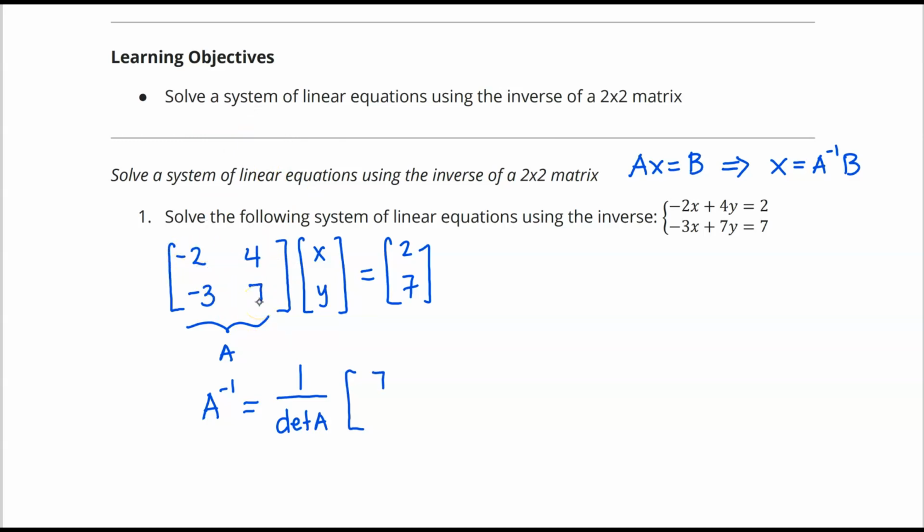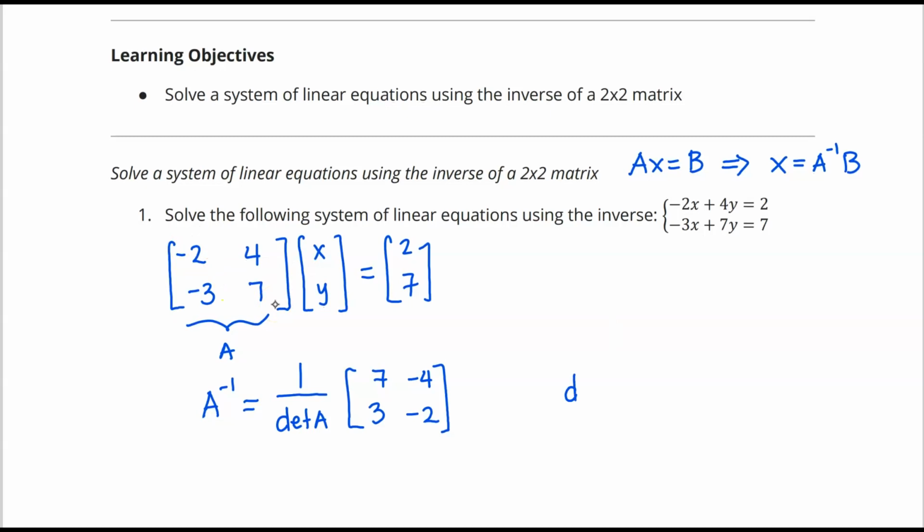So we have 7, -2, and then negating the off-diagonal entries here. So negating -3 becomes 3. Then if you negate 4, that is -4. Now for the determinant of A, let's solve here.